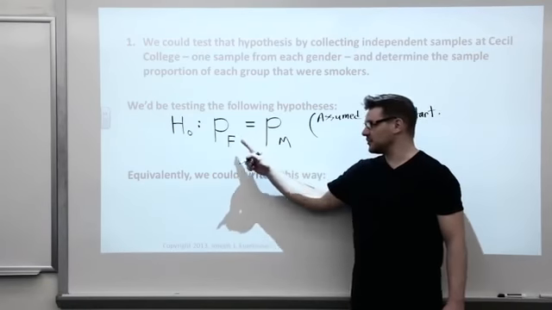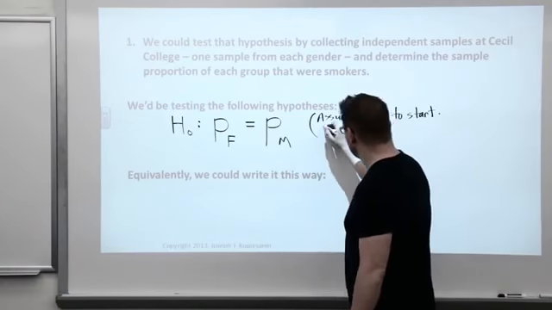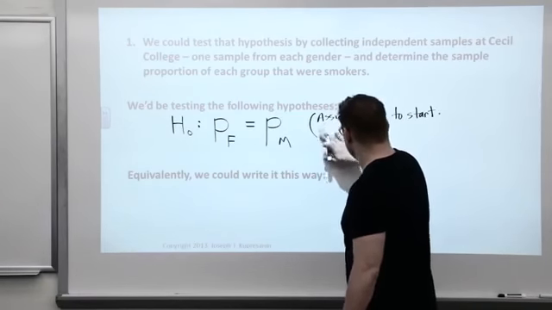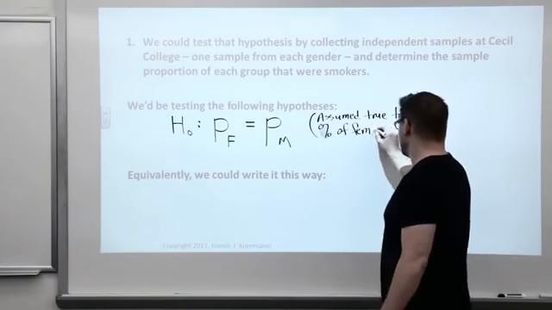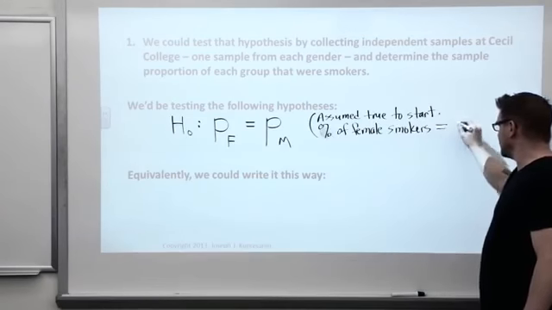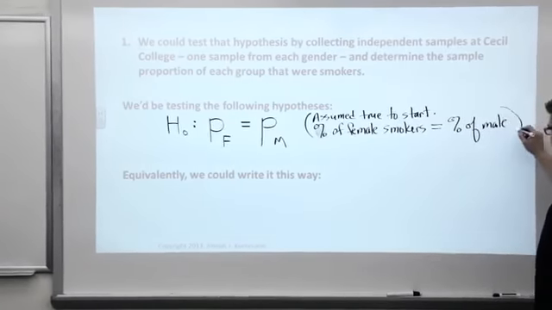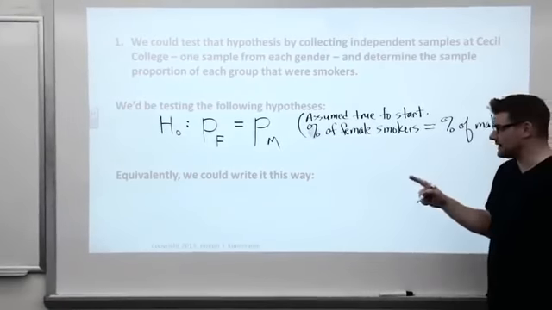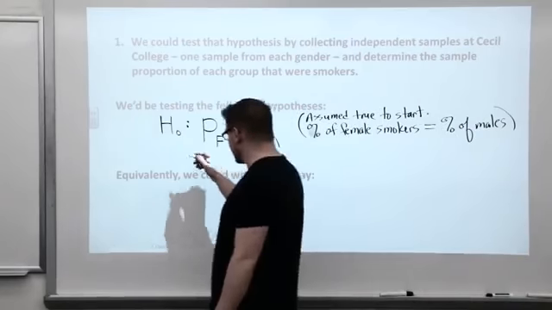I'm assuming that the percentage of female smokers equals the percentage of male smokers. That's what I'll assume. My hunch is that there are more female smokers as a percentage.